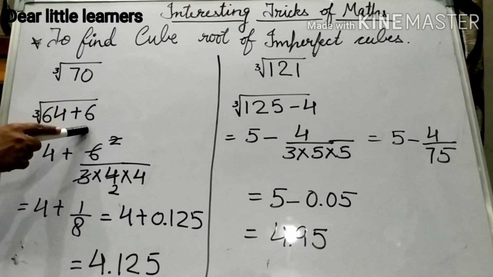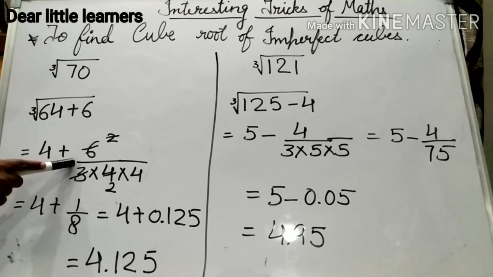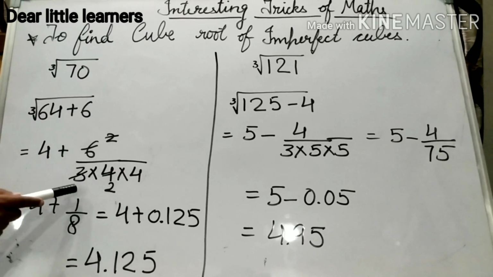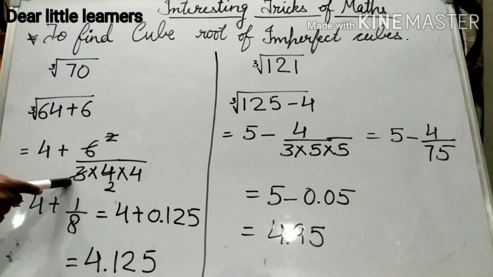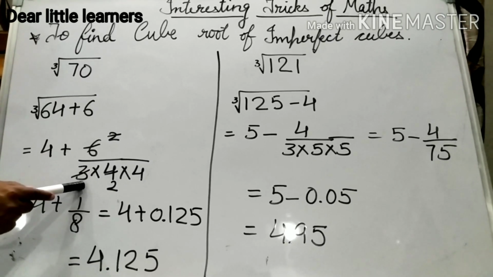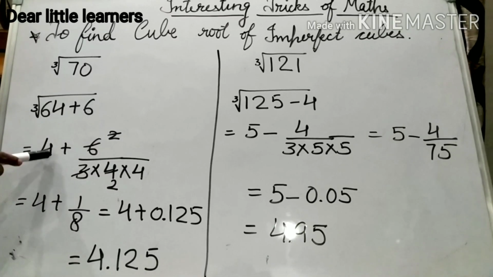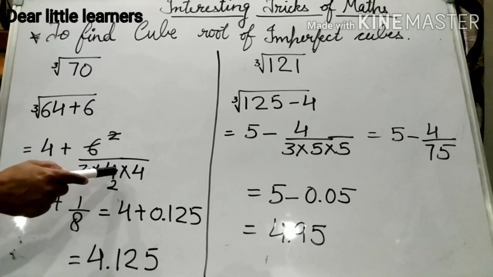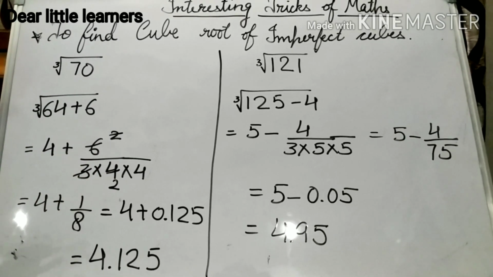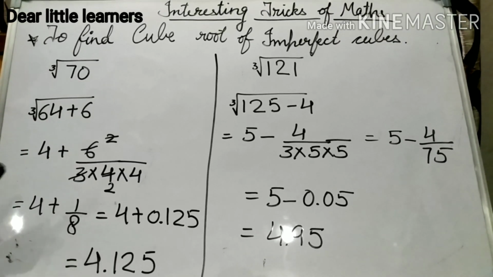And what we will do with this 6 is, first we will write this 6, and then upon. This is the rule of finding the cube root of an imperfect cube: we have to write 3 at the denominator, multiplied by this number, 4, twice. 3 multiply by 4 multiply by 4, like this. And now we can see that it is cancelling also.